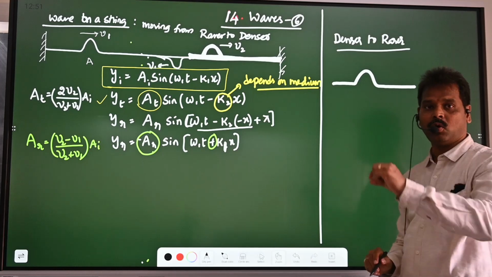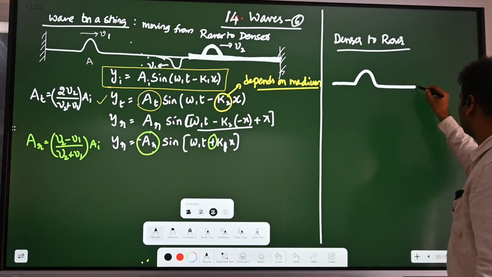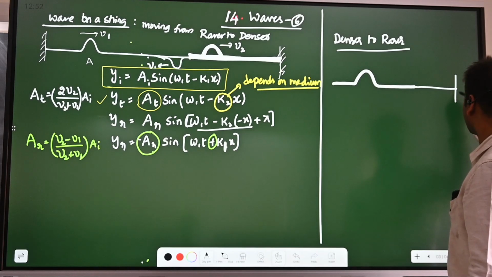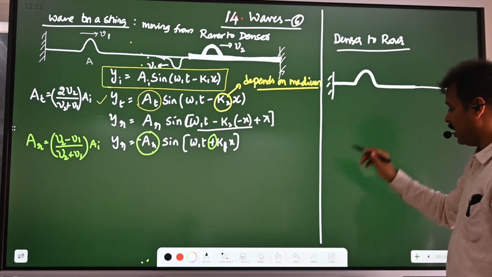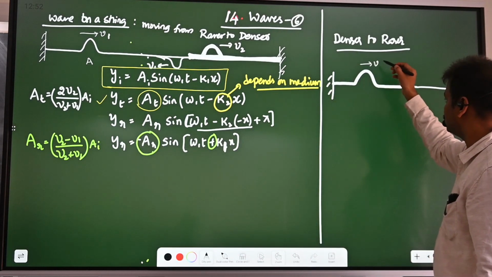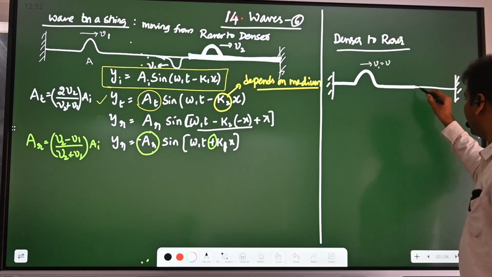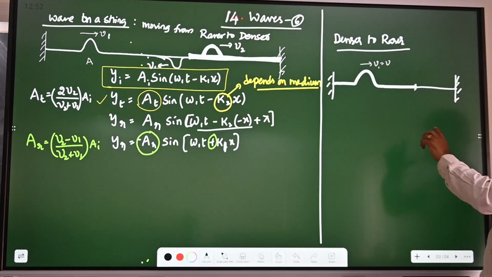This is a denser string, followed by a thin one. So what is this velocity? Here I will take the velocity as V, which is V1 equal to V. And this is the joint, the boundary of these two strings.